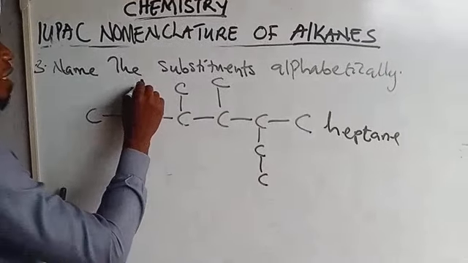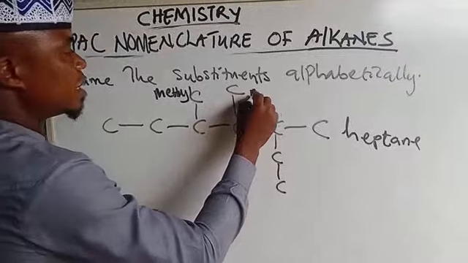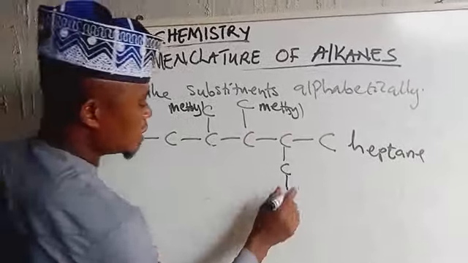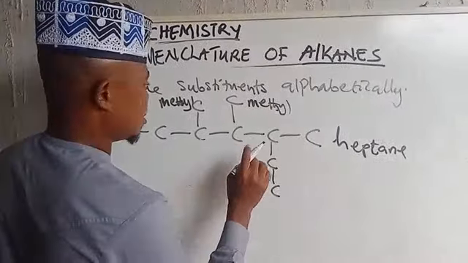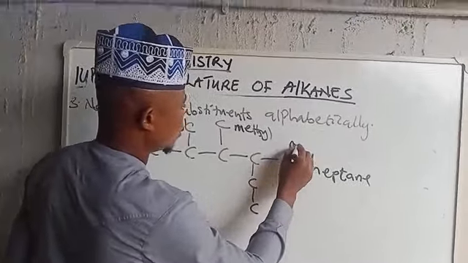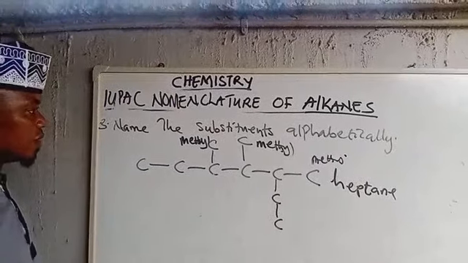Now, this is a methyl, one of the children of this compound. We'll call them branch chains. Actually, professionally, it is branch chain. And this is also a methyl. This will not explain what I want actually, but let's name it.